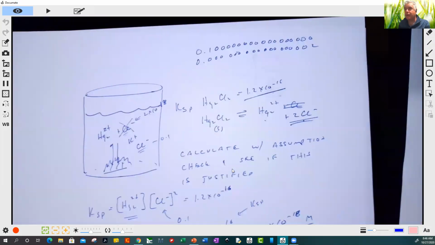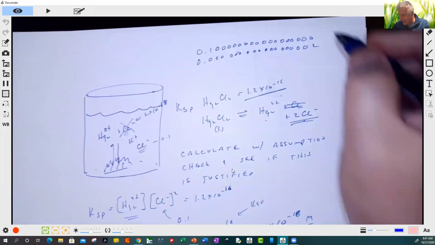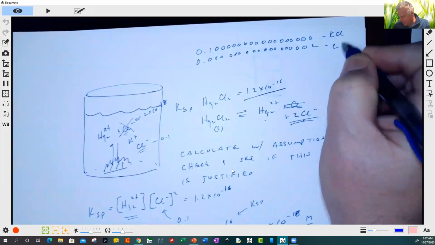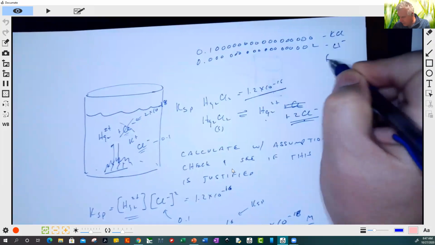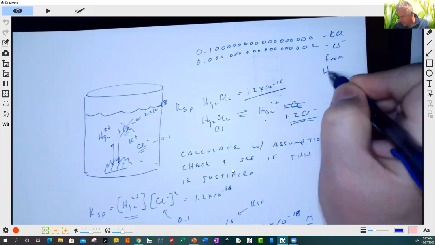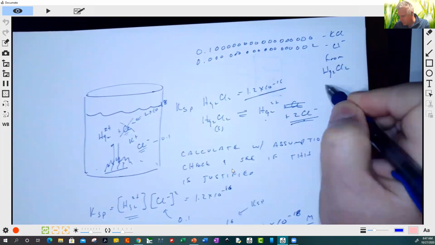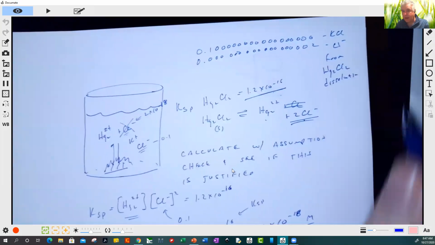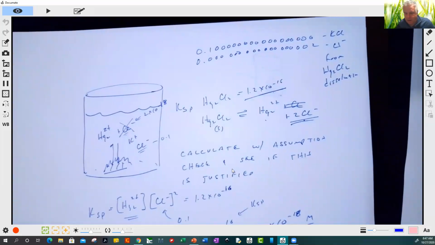Oops, sorry. This is KCl, and this is chloride from the Hg2Cl2 dissolution. And it's just a tiny, tiny value that we can ignore there, you know?